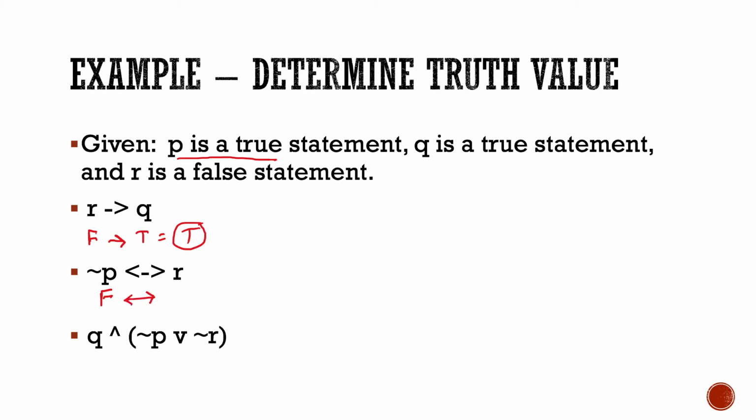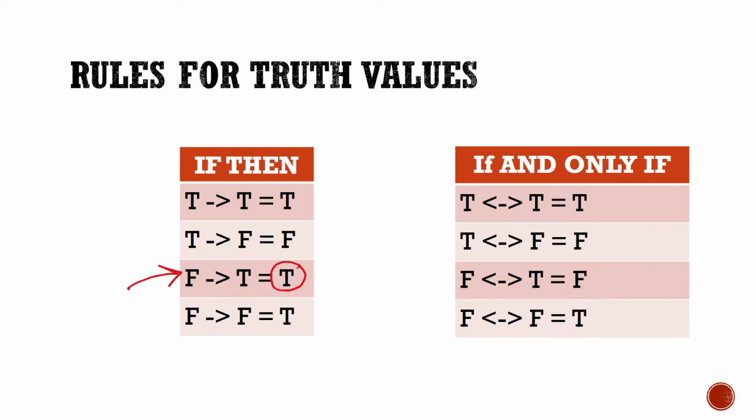We have our double arrow, and now we'll look at the truth value for R. R is also false. So in my table for if and only if, I'm looking for the statement that has false on both sides of the arrow. That statement is true.